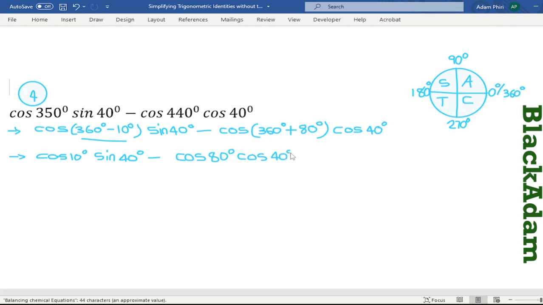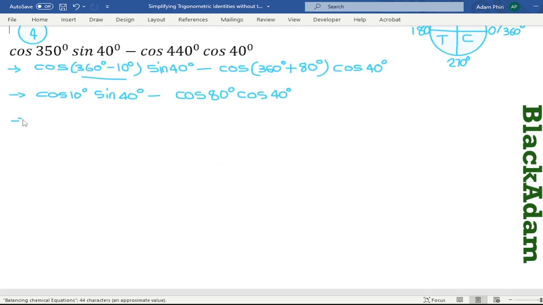And then looking at it, we see that cos 10 degrees, sine 40 degrees minus that one there will be sine 10 degrees, because that's the complement angles, and that's cos 40 degrees.